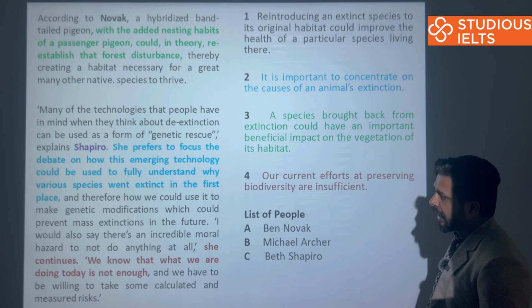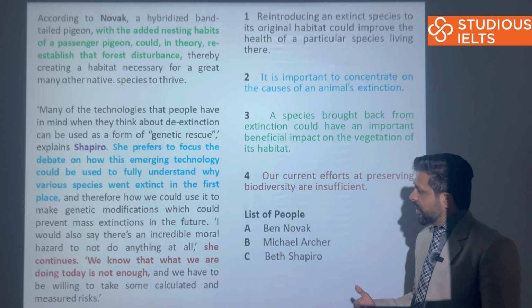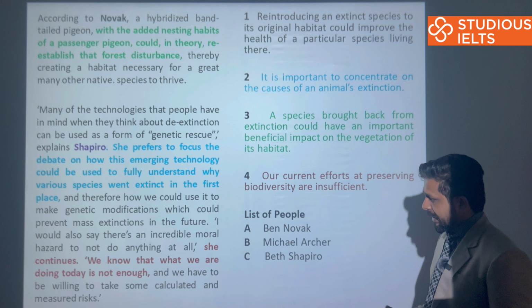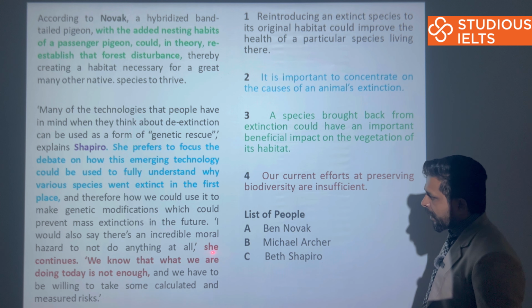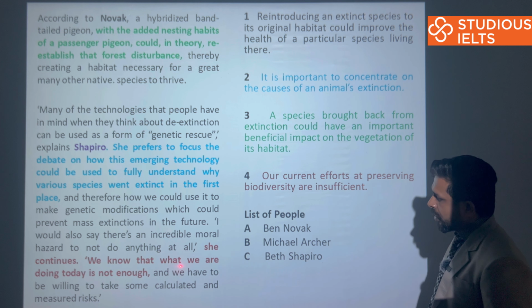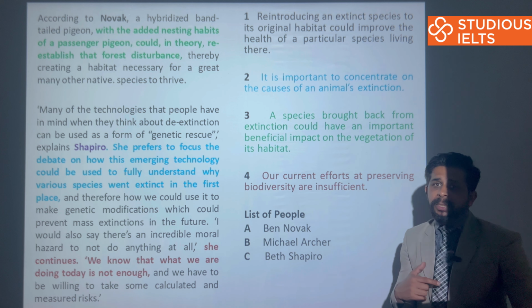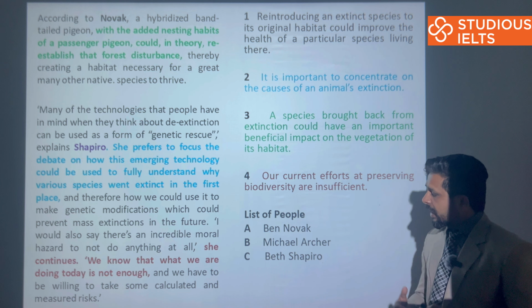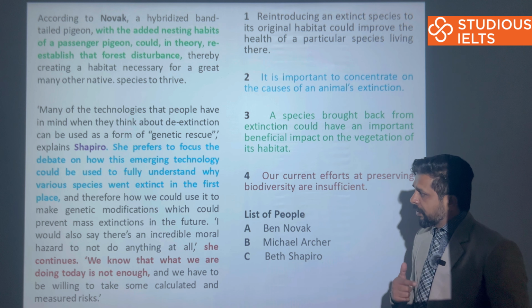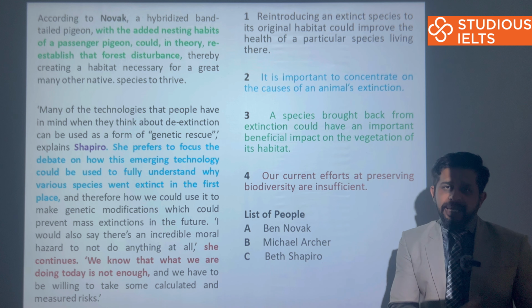But even in subsequent information, she also added some more ideas. She continues, we know that what we are doing today is not enough. The efforts that have been made today in the context of saving biodiversity are not enough at all.